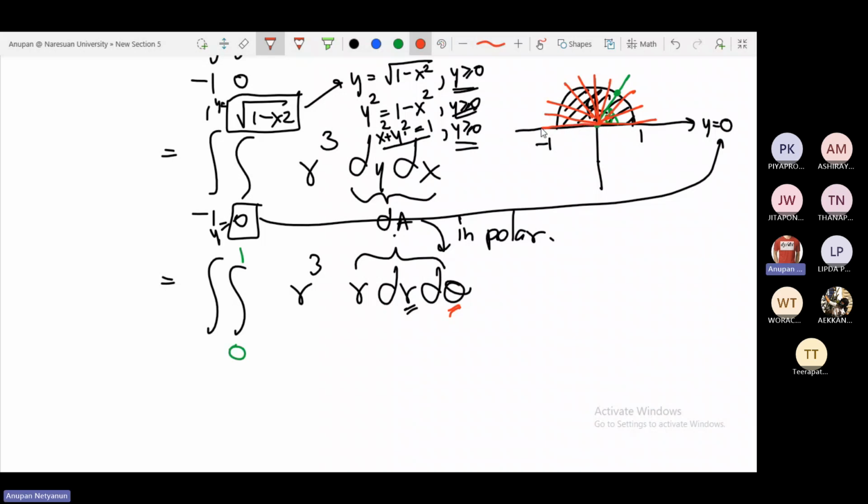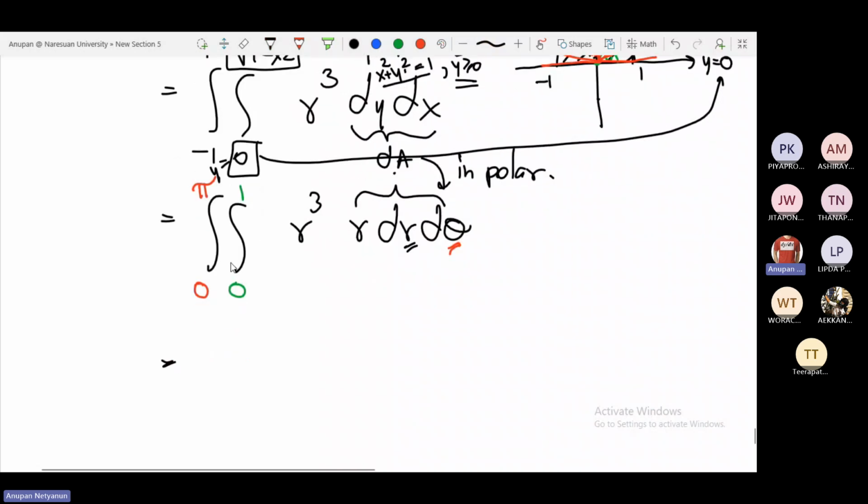So the running number for theta is from 0 to pi. And I'll let you do the integration by yourself, which is actually combining these two together. You have r to the power 4 dr d theta. And I'll let you do the calculation.